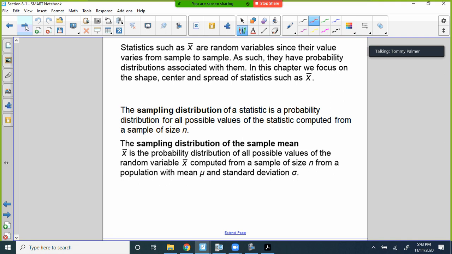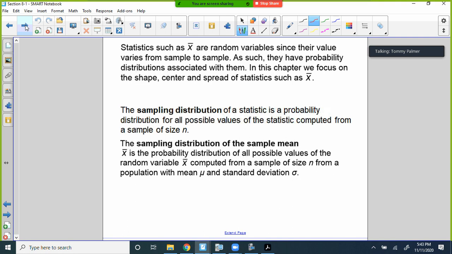So statistics such as X bar are random variables, since their value varies from sample to sample, right? As such, they have probability distributions associated with them. In this chapter, we focus on the shape, the center, and spread of statistics, such as X bar.